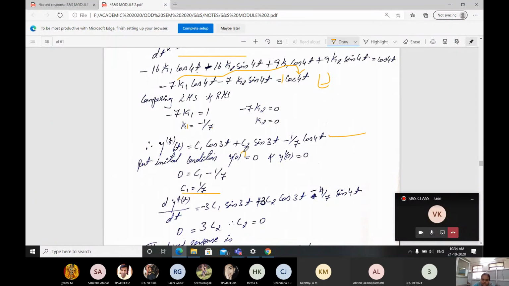To find c2, we have to differentiate yf(t). Differentiating, dyf(t)/dt equals minus 3 c1 sin 3t plus 3 c2 cos 3t minus 4 times minus 1 by 7 sin 4t.